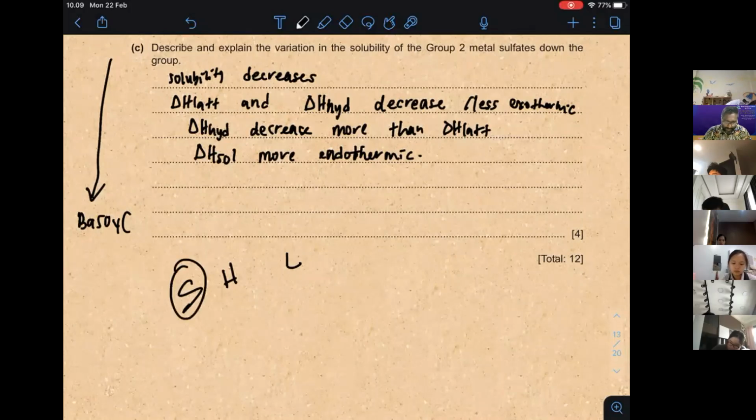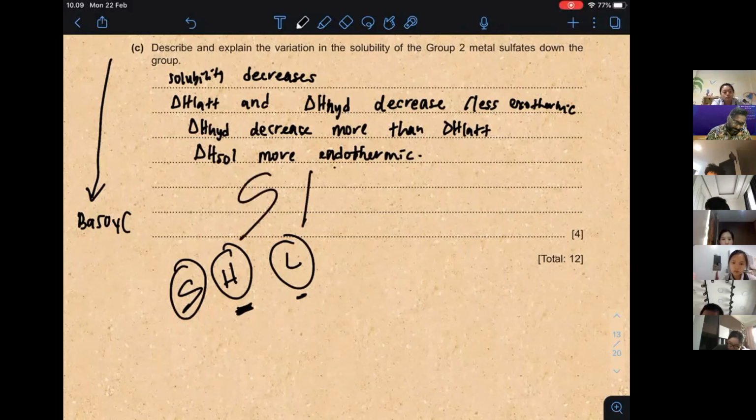For sulfate, the hydration decreases more than lattice energy. For hydroxide, the lattice energy decreases more. So please remember this, SHL: sulfate, hydration decreases more than lattice energy.